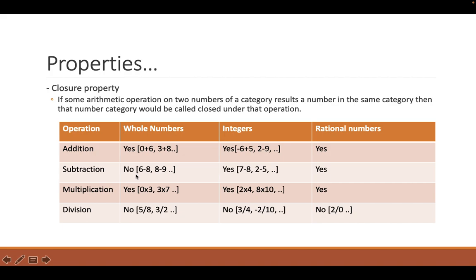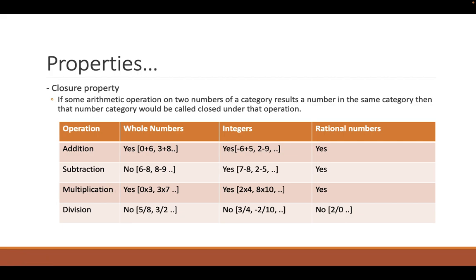So it is not following the closure property. If you subtract a higher whole number from a smaller one, it becomes negative. So that's why it's not following. Integers do follow, because even though it goes negative, it's still an integer. And rational numbers, yes, it also follows, because positive or negative doesn't matter.